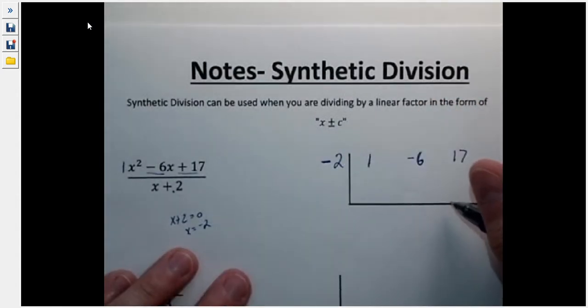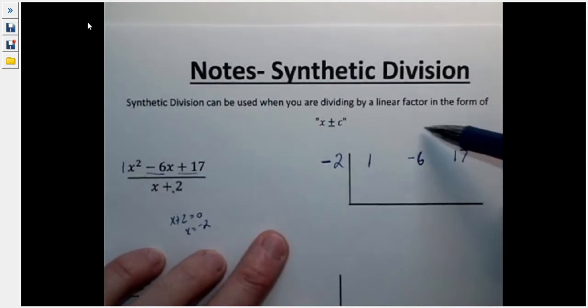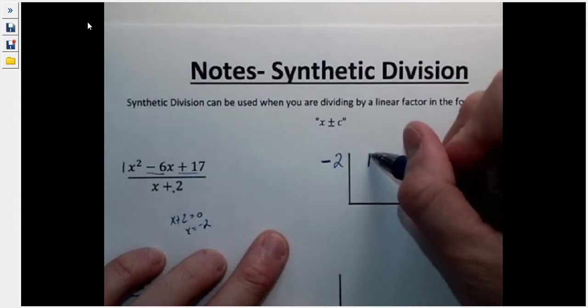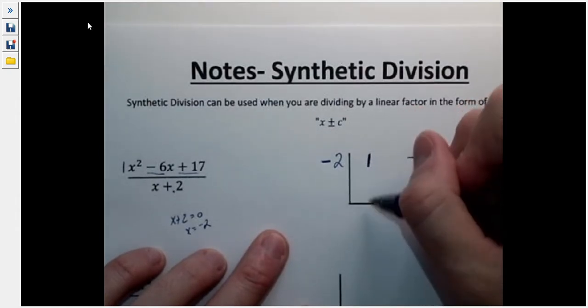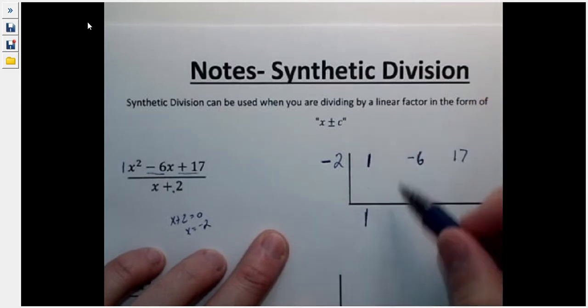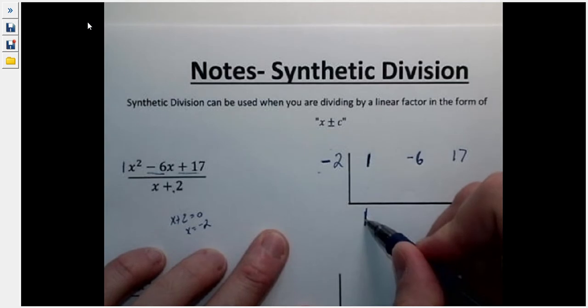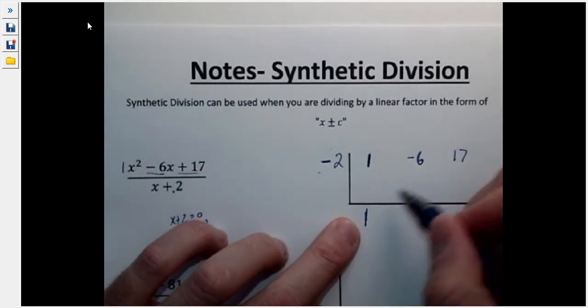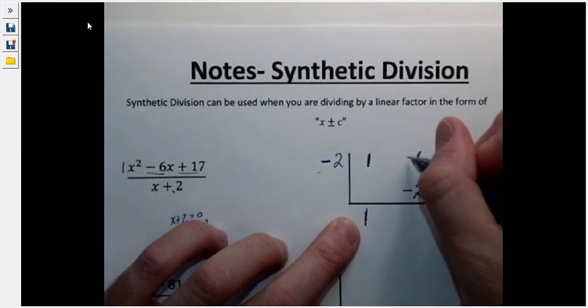Now, the algorithm for synthetic division is that you start here and add down. So 1 plus 0 is 1. Then you take this number here and multiply whatever is down here and put that here. So 1 times -2 is -2.